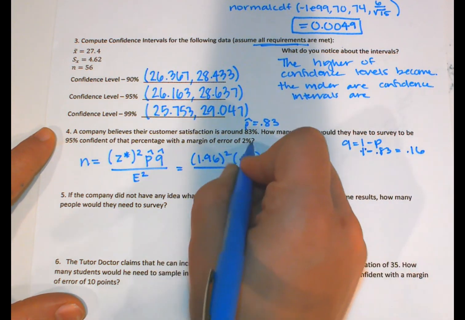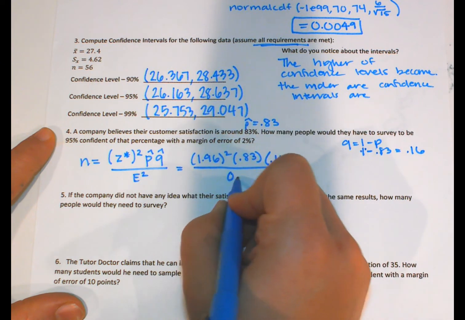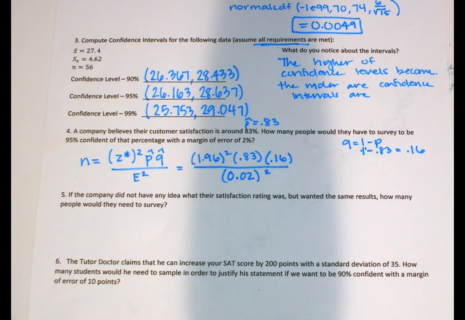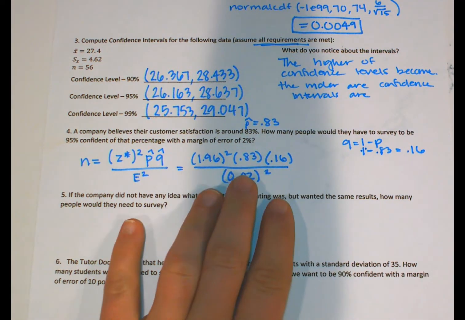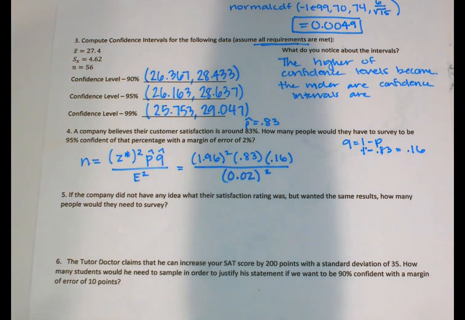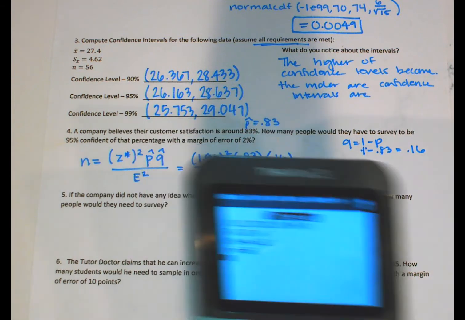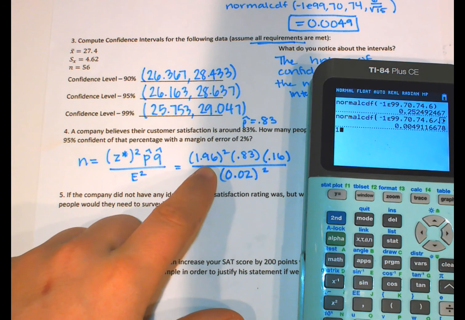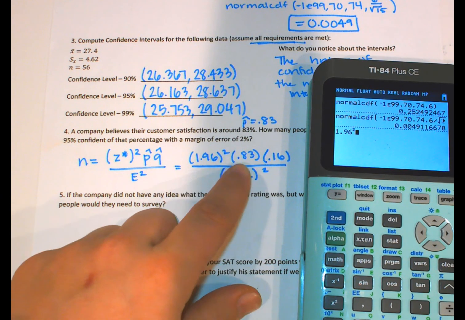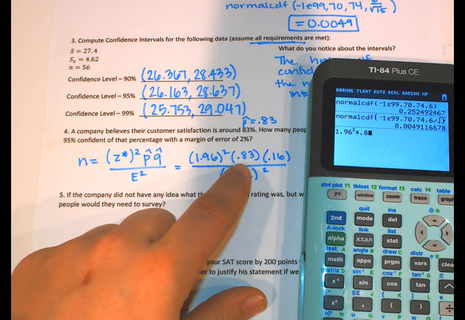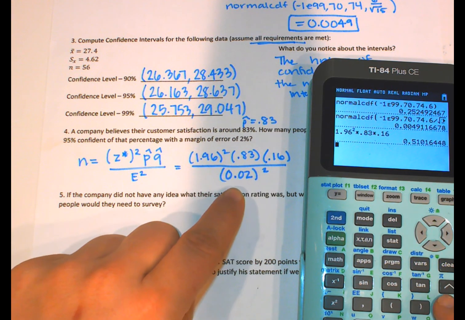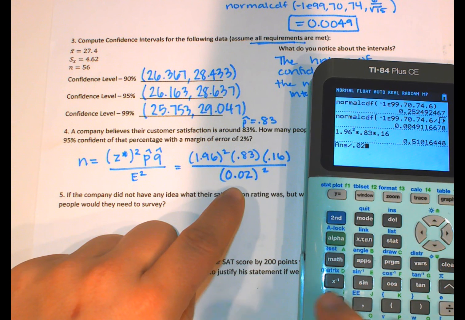And then I want a margin of error of 2%, so that's 0.02 squared. We turn that percent into a decimal. Then we just type this into our calculator. So 1.96 squared times 0.83 times 0.17, and then I divide that value by 0.02 squared.